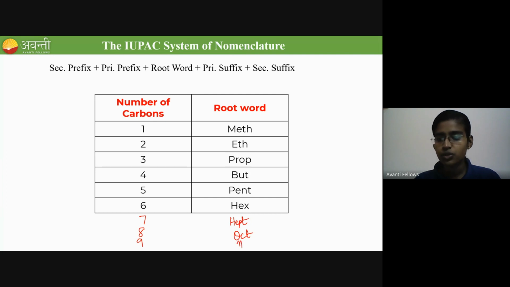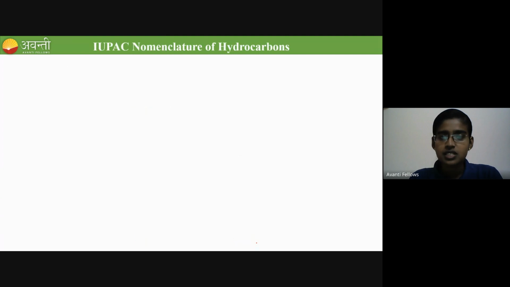It is nonane. Very good. And what about for 10 carbon? For 10 carbon, it is decane. Good. So you all are aware of these, I think. Okay. Fine. So these are the root words for a system.